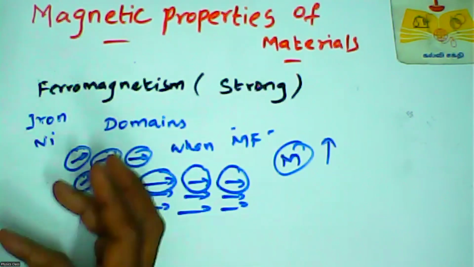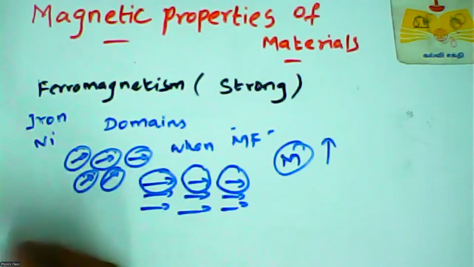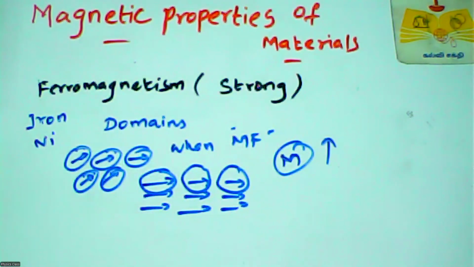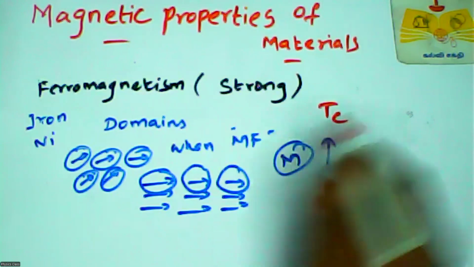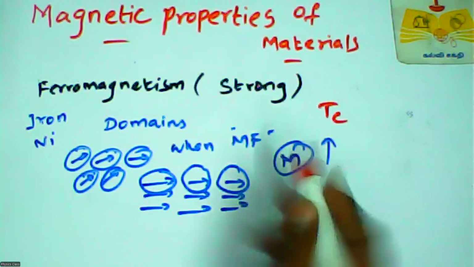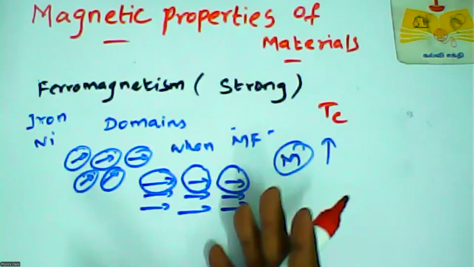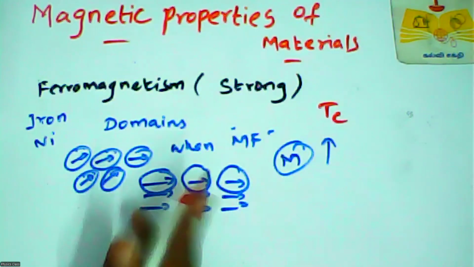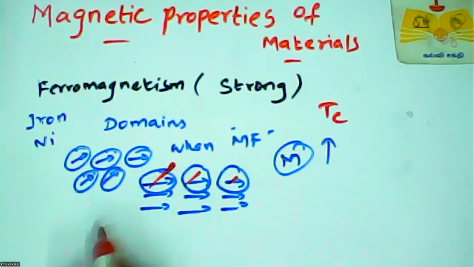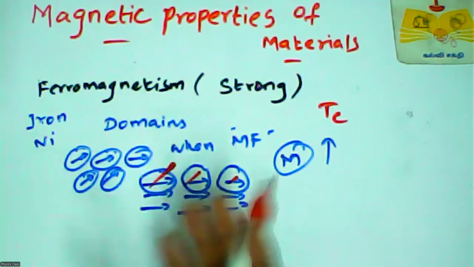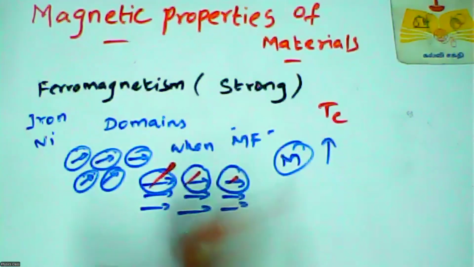If you heat the ferromagnet above its Curie temperature, Tc, the strong thermal agitation breaks down the domain structure. The material reverts to being paramagnetic.